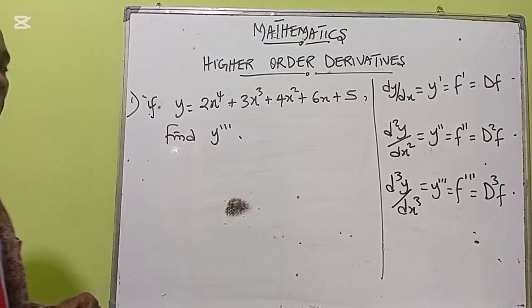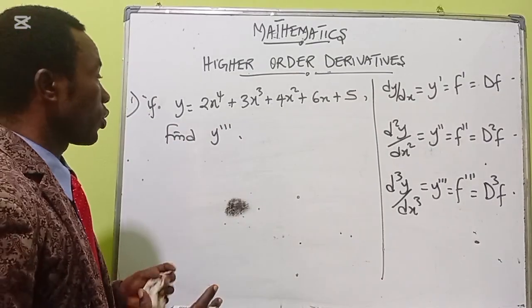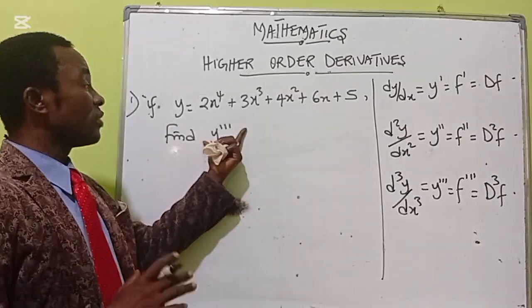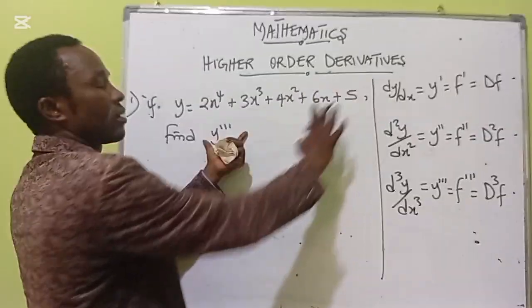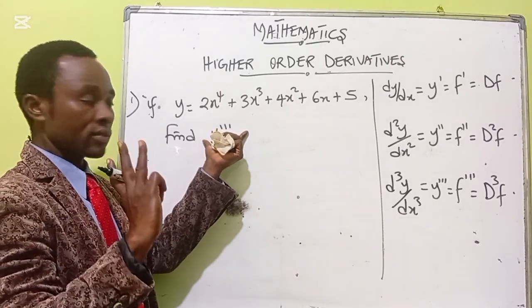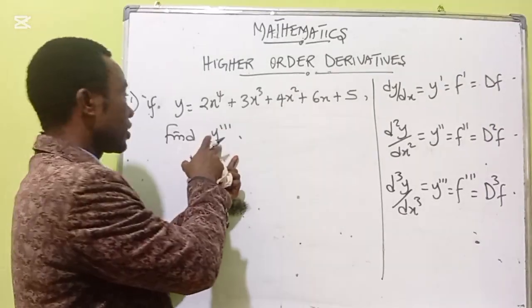What does it mean? It simply means we should find the third derivative. The third derivative means that we have to differentiate the question 3 times to get the third derivative.